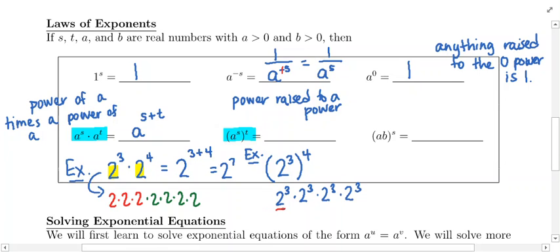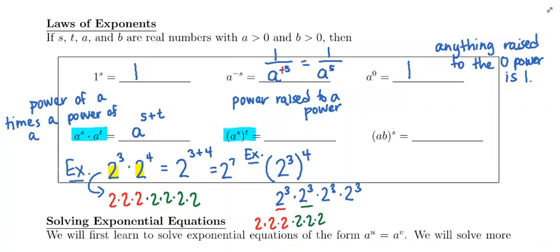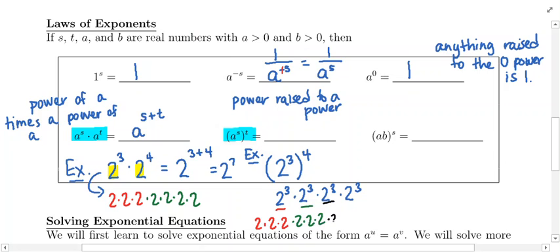The first 2 cubed is 2 times 2 times 2. And then the second 2 cubed is 2 times 2 times 2. And then the third 2 cubed is 2 times 2 times 2. And then I'm out of colors here. The fourth 2 cubed is 2 times 2 times 2. So you end up multiplying 2 by itself, and if you count up all the 2's, you have 12 of those.